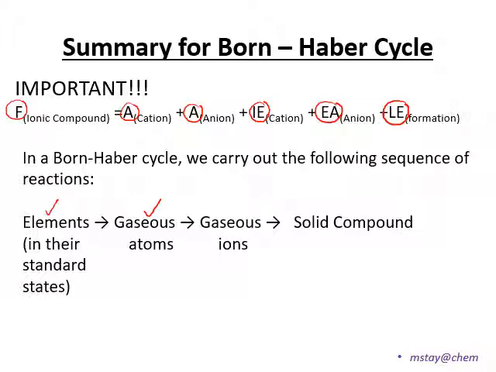For the ionization energy and electron affinity, you will always end up with the gaseous ion, and then the gaseous ion will end up with the solid ionic compound. So basically, these are the types of enthalpy and also the physical states of the substances or particles that will appear in the Born-Haber cycle.